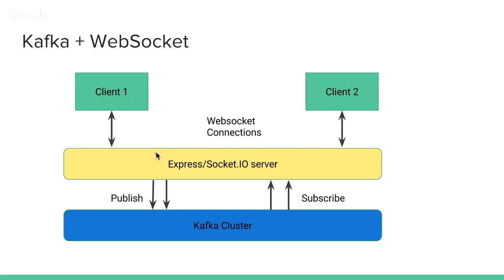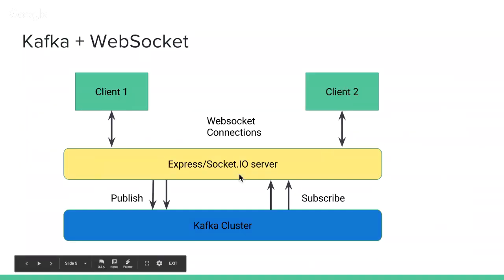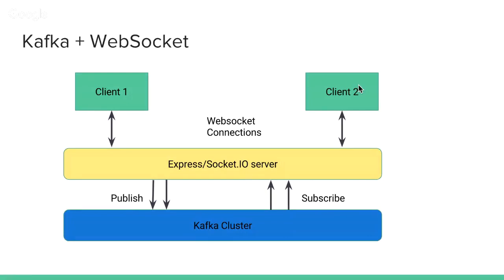So let's say a client sends a message. What we do is we store that message from client 1 in a specific topic for client 2, so that that message goes to client 2. And then we have a subscription to that particular client's topic. And if there is an open WebSocket connection, we send that message back to client 2 so that client 2 can see it.